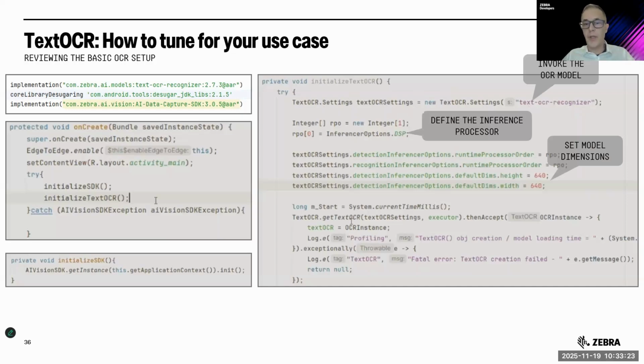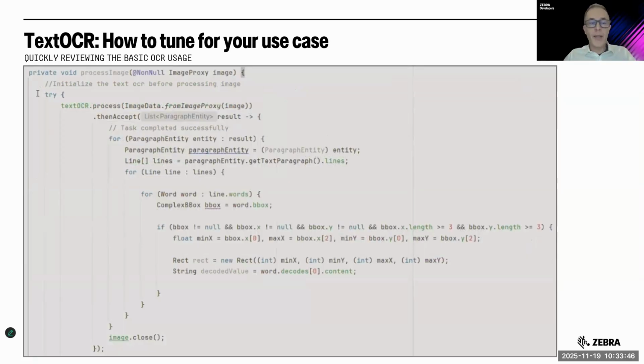We have a slide for that to explain its meaning, but just to understand the flow, you then pass the TextOCR settings object to a static function, getTextOCR, to have the real OCR instance available to you and use it when needed. At some point in your business logic, you want to perform an OCR operation. In that case, you invoke the processImage method on that object.